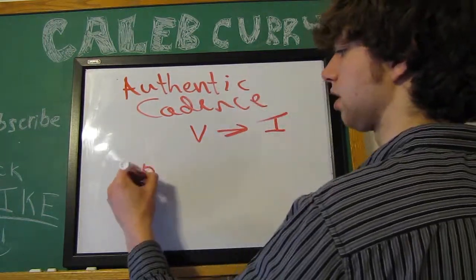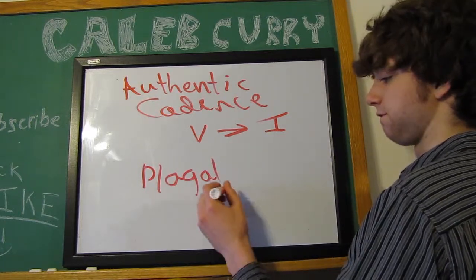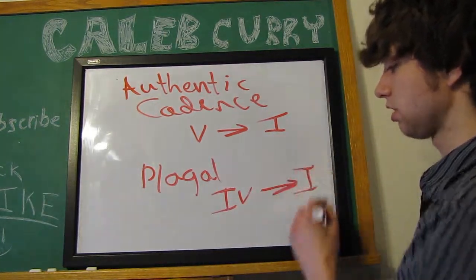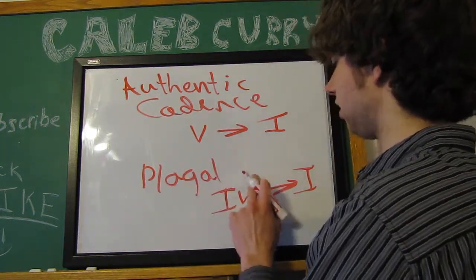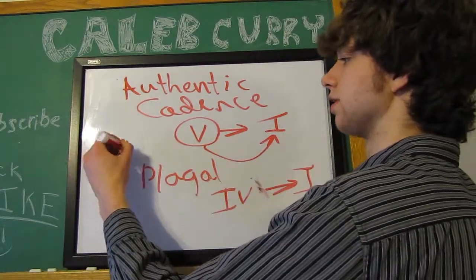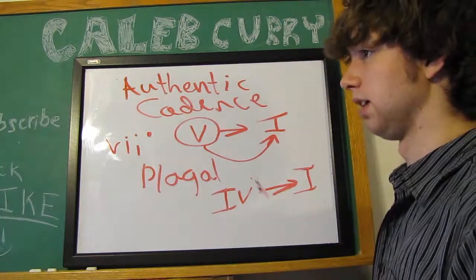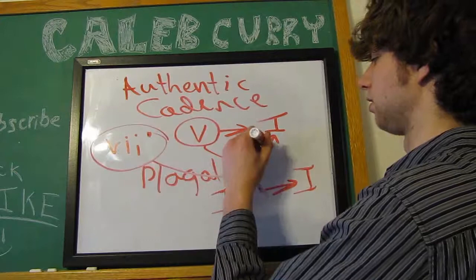Then we have plagal, which is the 4th back to the tonic. And just like the 5th wants to pull back to the tonic, so does the 7th, because this is the leading tone, which pulls us back to the tonic.